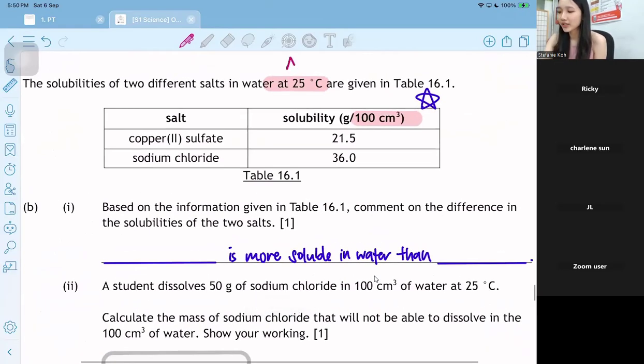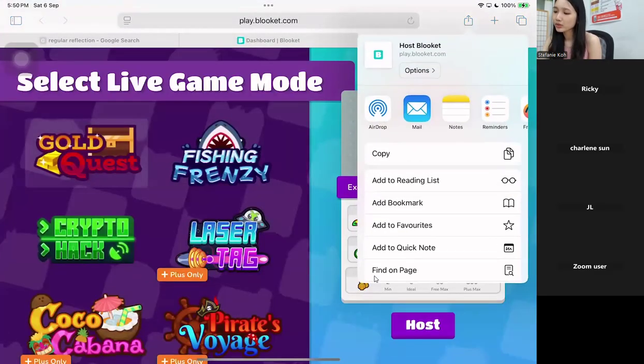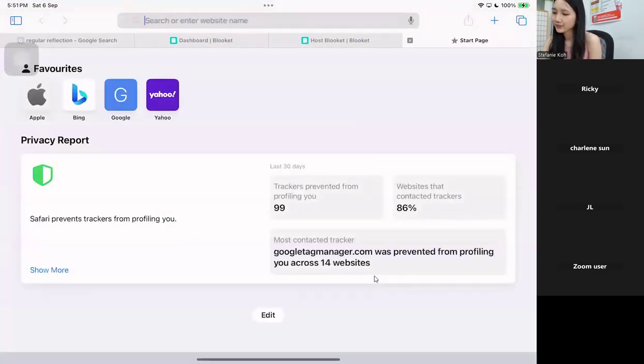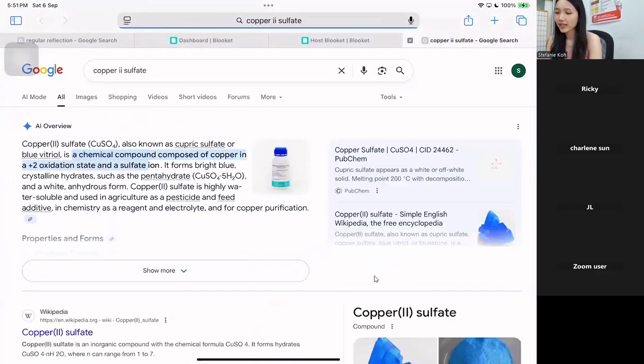At a specific temperature and at 100 cm cube. So like I mentioned, for solubility, temperature and volume is important. Okay? At specific temperature and volume, we have two different salts. First one is copper 2 sulfate. If you guys don't know how copper 2 sulfate looks like, the solution is very nice.